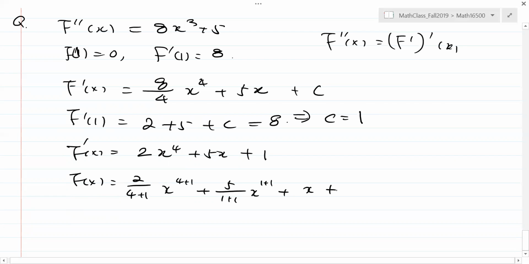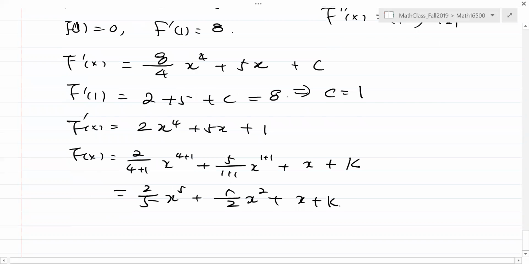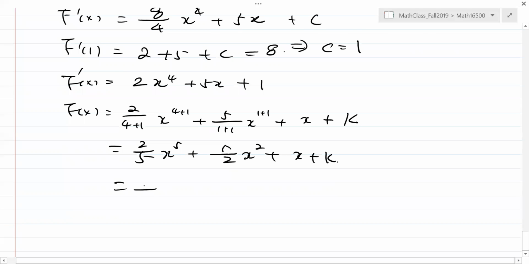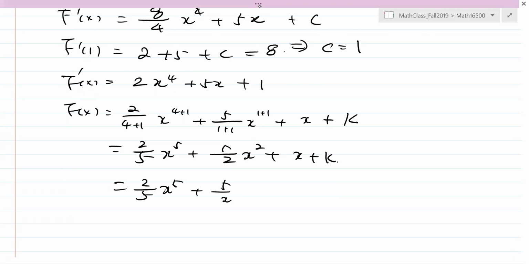And here just x, plus another constant k. So it'll be 2 over 5 x to the 5th.